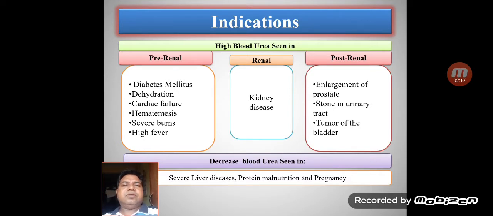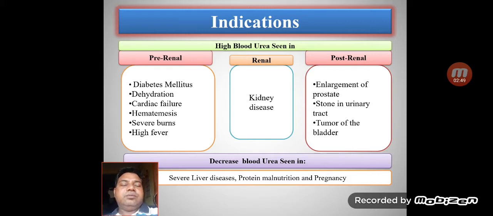Another group is the post-renal group, with enlargement of the prostate, stones in the urinary tract, and tumor of the bladder, which constitute the post-renal causes of high blood urea nitrogen.